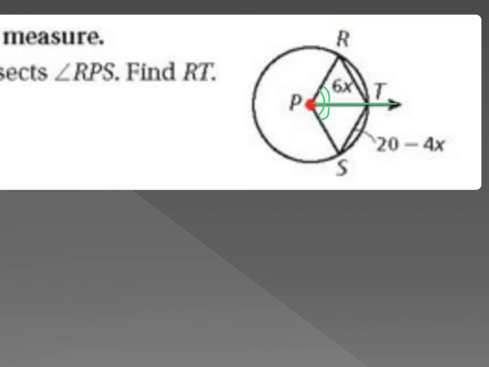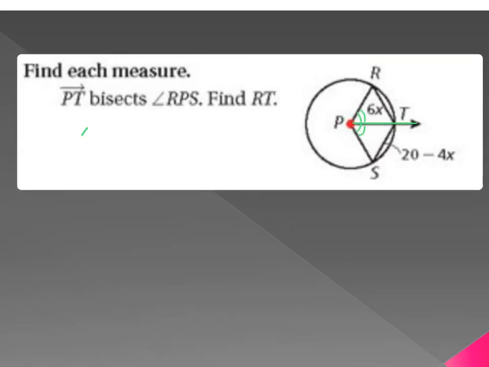that means our chords are congruent. So that would make 6x equal, so this chord is equal to this one, so 6x is equal to 20 minus 4x. And now we just solve for x. So we add 4x to both sides.